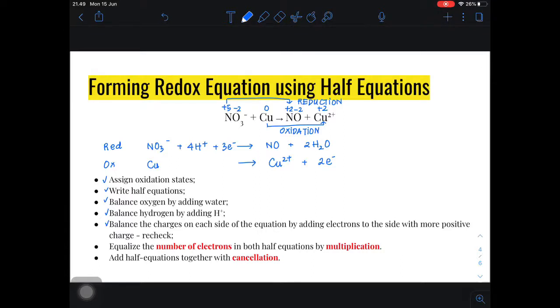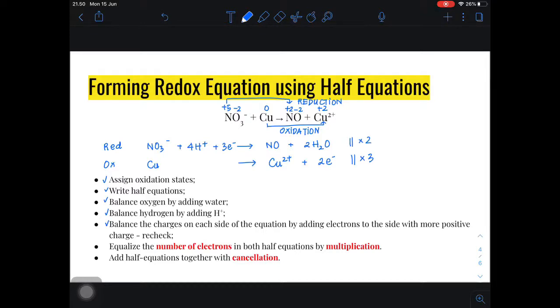What it means is that our target is eliminating the electrons from the reduction process and the oxidation process. But now the quantity of the electrons in the 2 reactions is not the same, therefore we cannot eliminate them. What we need to do is multiply the entire reaction at the top by 2 and multiply the entire reaction at the bottom by 3.